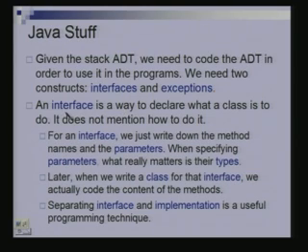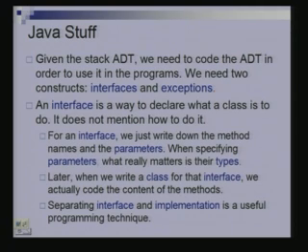So, what is an interface? An interface is a way to declare what a class is to do. What are the various methods associated with the class? It does not tell us how those methods are done. That would be part of the implementation of that interface, the implementation of that class.